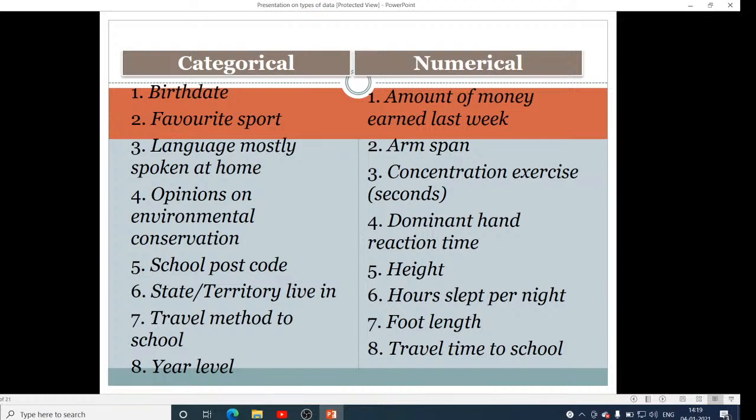Traveling method to school, year level, postcode, opinions on environmental conservation. These are only natural language descriptions with some numbers, but we cannot add them together. This type of data is categorical data. These are simple, real examples of numerical and categorical data. Numerical means quantitative and categorical means qualitative.